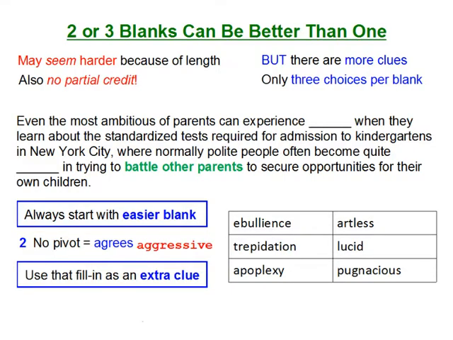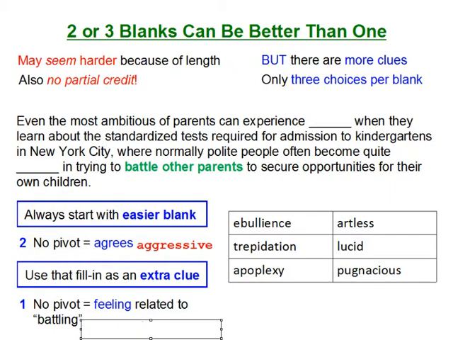And now that we know that they are becoming aggressive, we can much more easily find a word for the first blank. So if the most ambitious, if we know that these parents are often going to become aggressive, well, what are they experiencing then? What are they experiencing that would lead them to be aggressive? And we might come up with a number of words here. We know that it needs to be a feeling related to battling, but who knows what that is?